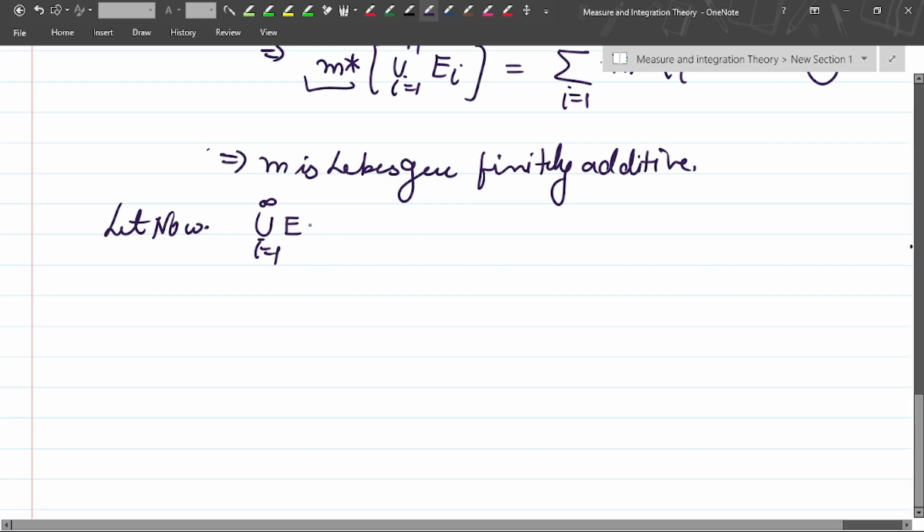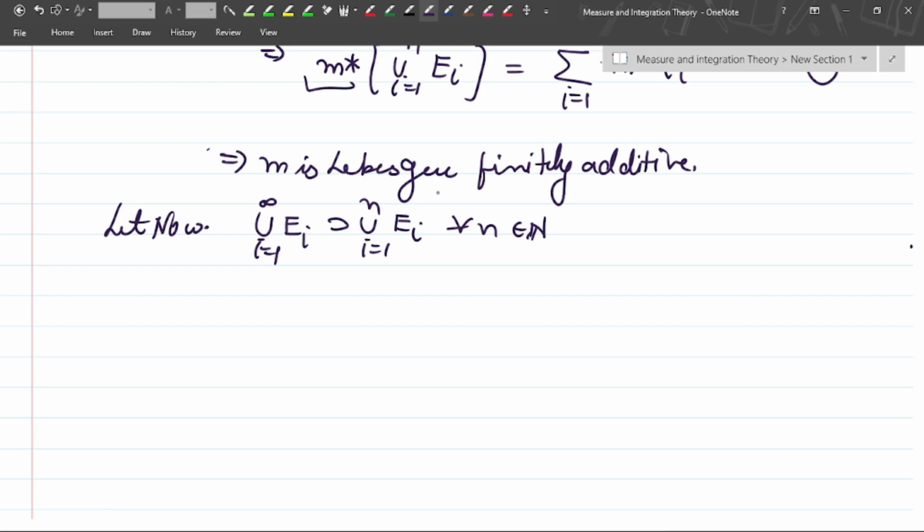Then the union of Ei is basically a superset of the union i = 1 to n of all Ei, basically 1 to infinity. This is the subset for this, for every n belonging to the natural numbers. It means it is finitely additive. Lebesgue is finitely additive.